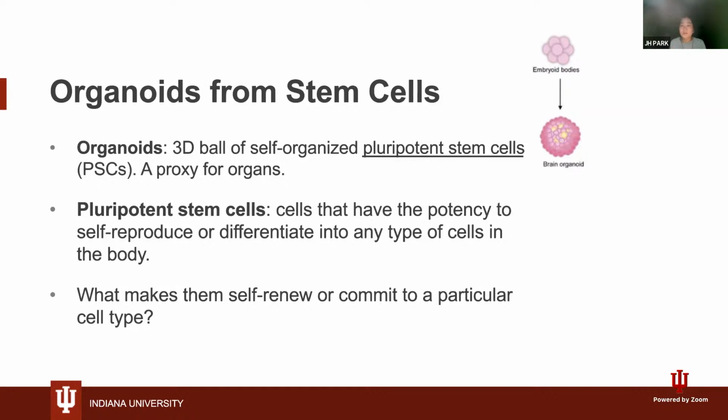It is a simplified version of organs, as you already know. So why do people want to use these organoids? Because you can study the complex biology of human organs, which you cannot do in animal models. And it can also be used for drug discovery in more humanized contexts. Whether this organoid will be a brain organoid or liver organoid depends on its starting material, the stem cells.